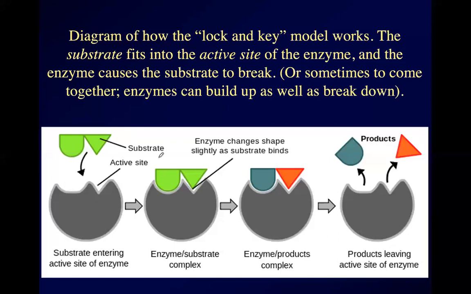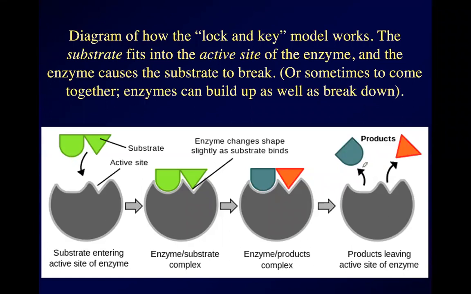So there's a diagram of how this works. The substrate is shown as this funny shape in green, and the substrate fits into the active site of the enzyme. Now, once the substrate is fit into the active site, the enzyme might change shape a little bit, and the enzyme will put stress on the substrate and cause the substrate to break apart.